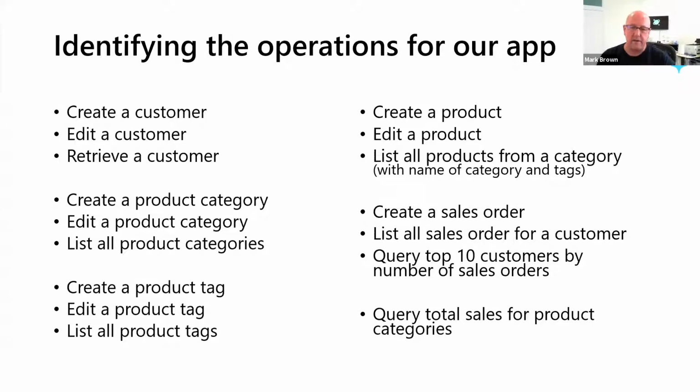Now, there's lots of ways they could do it, and I don't want to be exhaustive in that sense. But this would be a high concurrency operation where I want to list all products within a category. And then, of course, as I see those products, I may show a listing of those, and I want to see the tags for the products as well. And then the other one is I need to create a sales order, and then I want to list all sales orders for a customer.